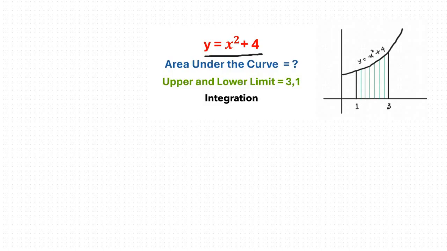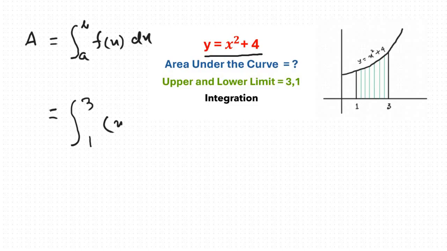We know area under the curve A equals integration from a to b of f(x) dx. Here f(x) is the value of y, which is x squared plus 4, and upper limit b is 3, lower limit a is 1. We can put those values and we get integration from 1 to 3 of x squared plus 4 dx.